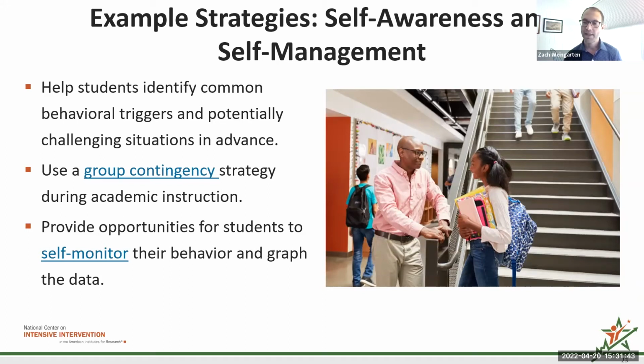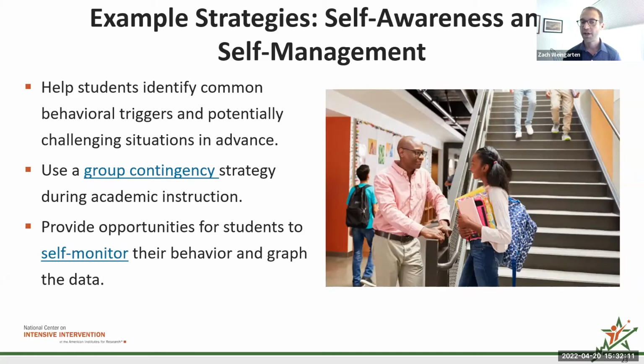I think of this as a way to promote student self-management by providing some scaffolding for students who may be struggling with self-management. We link to a couple of resources related to this strategy that we have available through the NCII website, so if you're interested, please check that out.